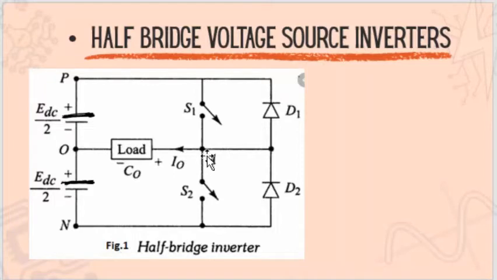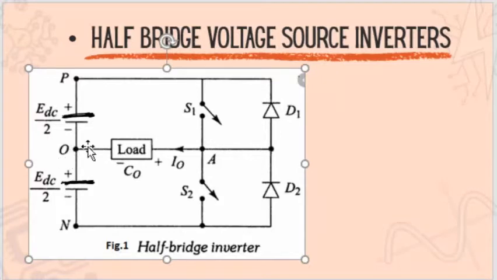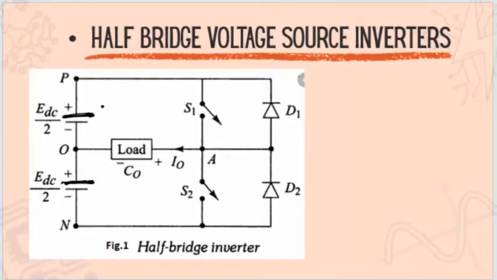And our output voltage is VAO. From our KVL equation, if this switch is on and S2 is off, there will be a current flowing in this loop.